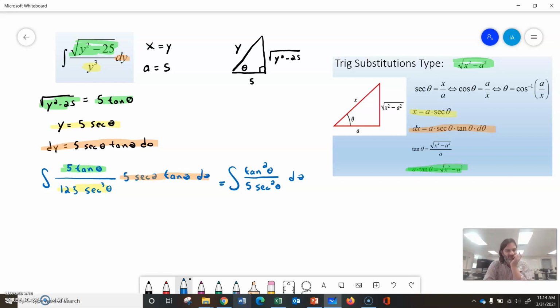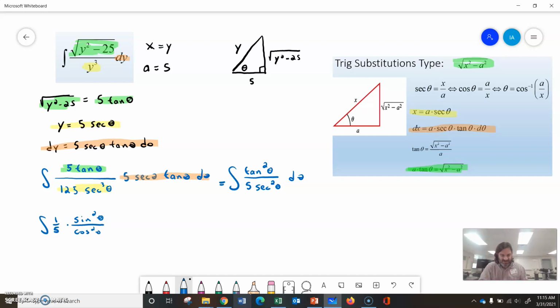Looks like we could use a little bit of trig magic here. So let's pull the 1/5 out to the side. And let's see, tangent squared. I'm just guessing what I need to do here is sine squared over cosine squared.